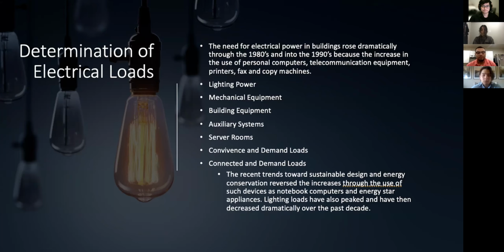And lastly, we're going to talk about connected and demand loads. Connected loads are algebraic sums of all electrical loads connected to the system, and the demand load of a power system indicates the maximum load that will be used at the same time for each load.